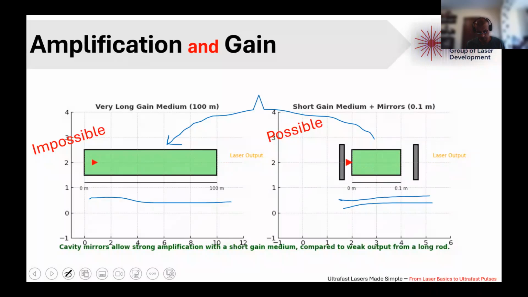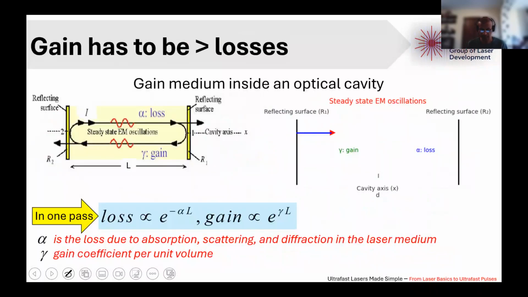Now move to the next slide. Gain and loss. In real life, gain and loss are always with you in every aspect of life, in science experiments, in daily life, or whatever it is. In the case of a laser, the gain should overcome the losses to have an effective laser action.